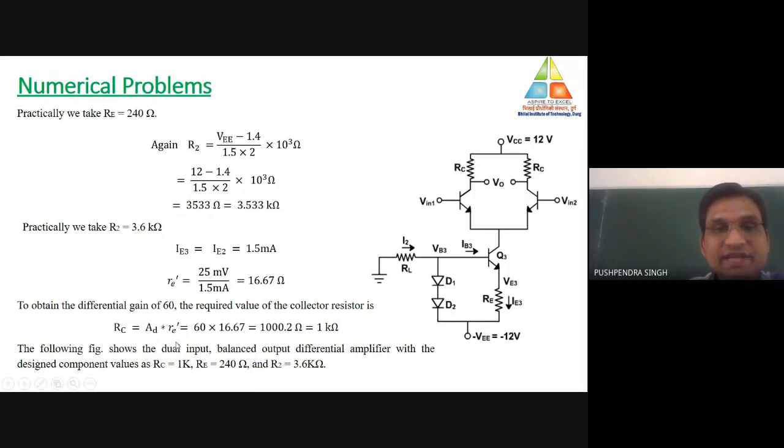AD is given as 60, and RE dash we have calculated as 16.67, so RC is equal to 1 kilo ohm. So we have calculated all the parameters required for the design of the dual input balanced output differential amplifier circuit with temperature compensation.